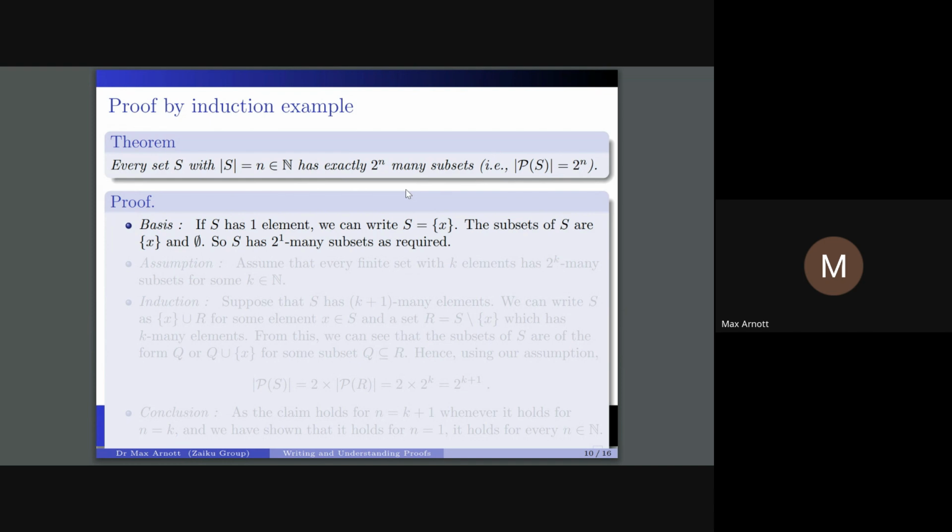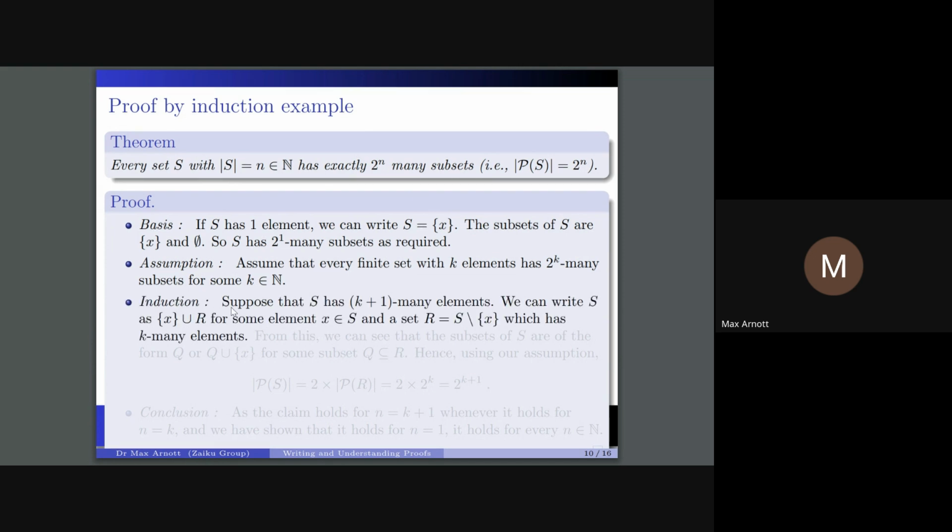So we proved it: I've knocked the first domino down. Now we assume that every finite set with k elements has 2 to the k many subsets for some natural number k. So this is saying, assume that some domino has been knocked down, and the induction step is to say the next domino must fall.